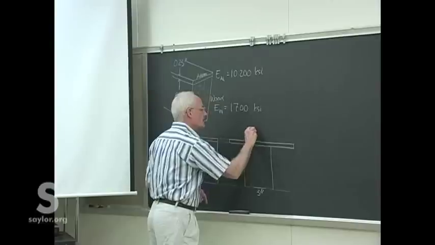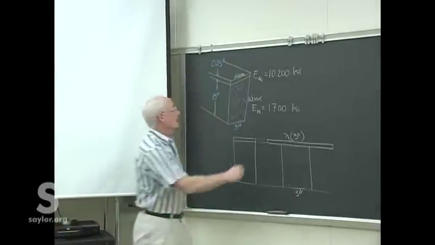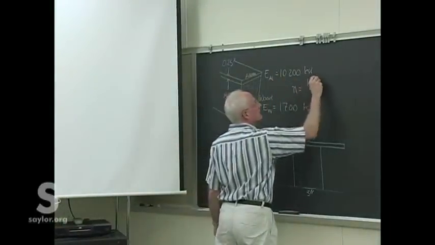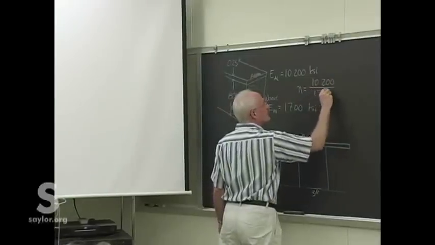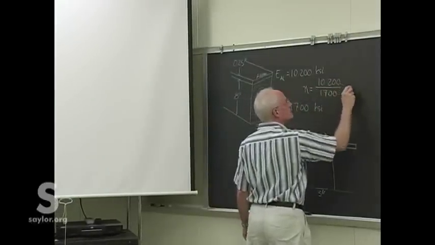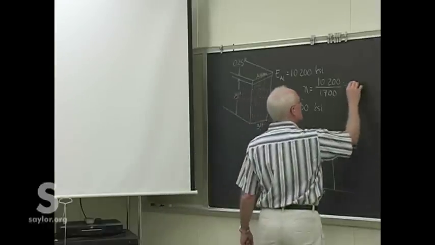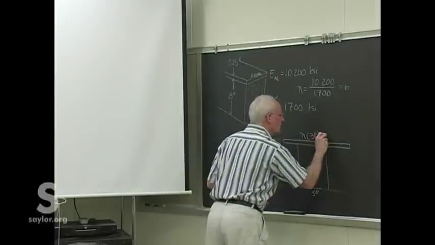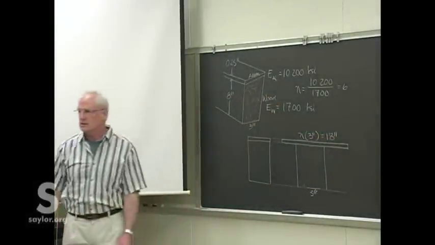It's going to be n times 3 inches, where n is the ratio of these two. You can do it either way. It doesn't matter. Just make sure that what you're doing makes sense in the end. This comes out to be 6. So the width up here will be 18 inches.